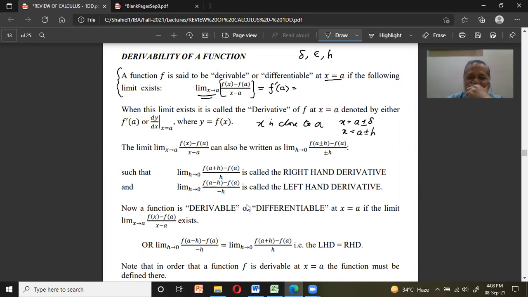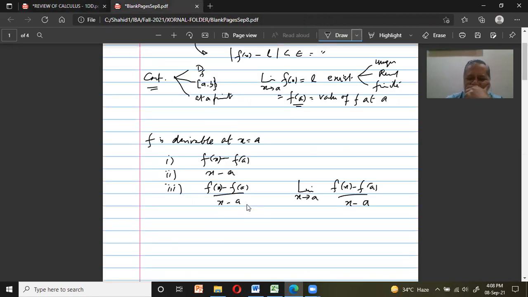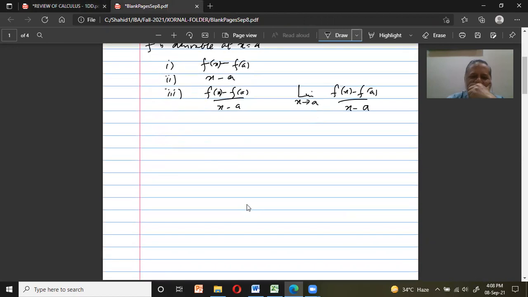So x is replaced by a plus or minus h. Wherever there is x involved, x is equal to say a plus h. This means that as x approaches a, h approaches 0.